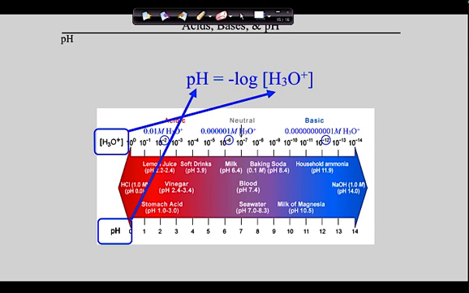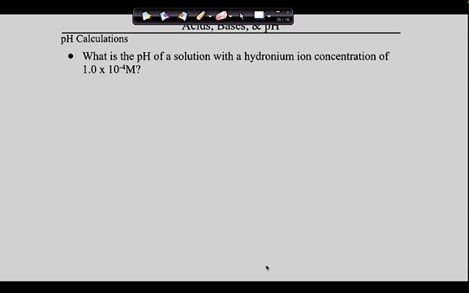Guys, you want to write down these examples. Here we go. First of all, you need to understand that these brackets mean molarity. So guys, the number that will fill this bracket is the molarity. So with that said, here we go. We're going to solve this problem. Please do not write this down. Here's the problem.